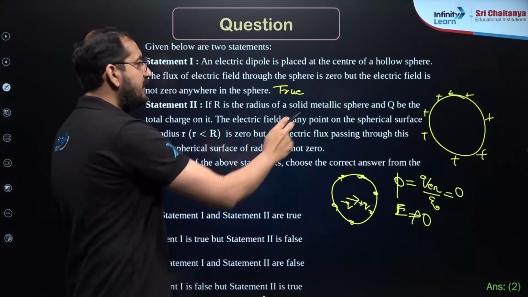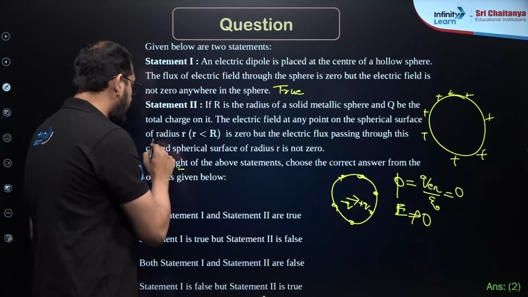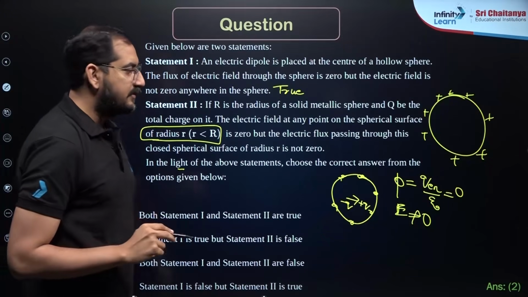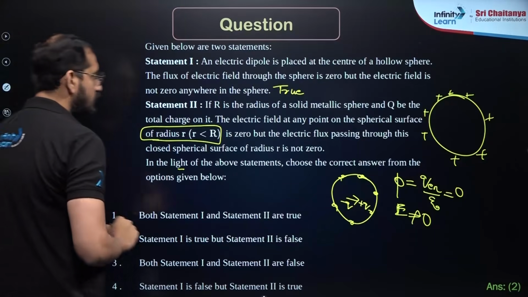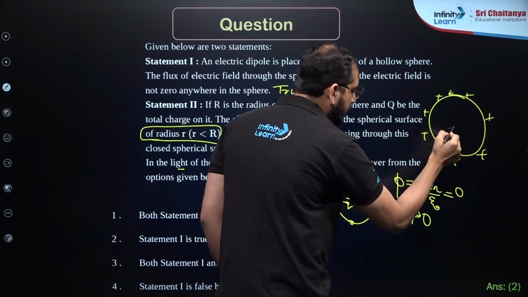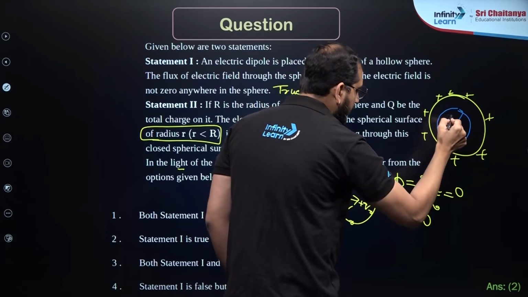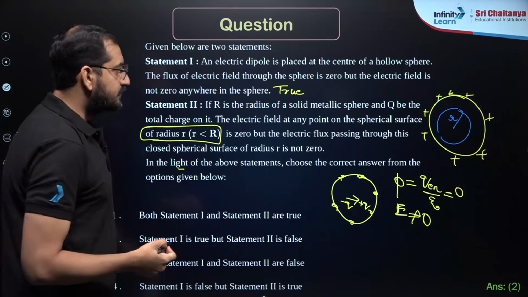The electric field at any point on the spherical surface of radius small r, where small r is less than capital R. What the question is saying is that from the center, we have to take a Gaussian surface, and the radius of this Gaussian surface is small r, right?